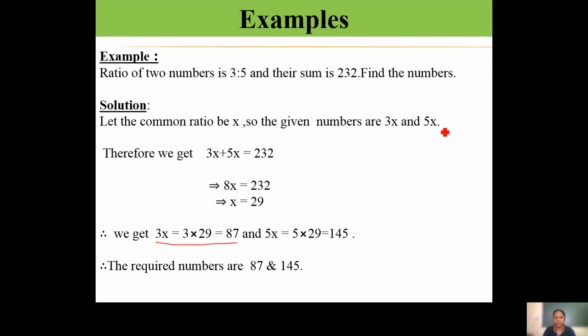And the second number, 5x, is 5 into 29, which is 145. So here is the answer. The required numbers are 87 and 145. So this is how we can find the numbers where the ratio is given as well as their sum is given.